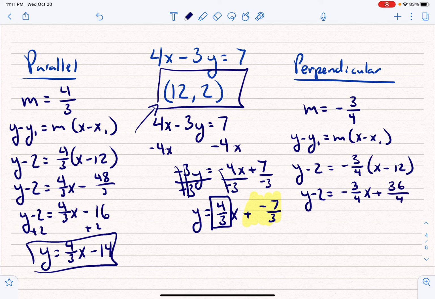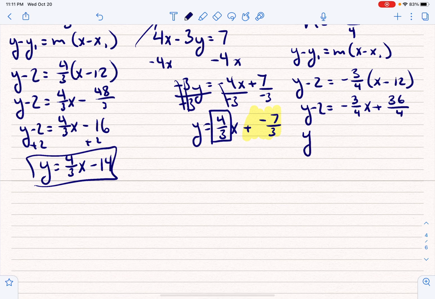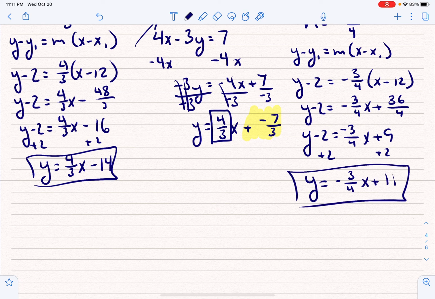Now, 36 divided by 4 is 9. So we get y minus 2 is equal to negative 3/4 x plus 9. Add 2 to both sides, and that becomes y equals negative 3/4 x plus 11. There you go. So the two equations you should have gotten were y equals 4/3 x minus 14 and y equals negative 3/4 x plus 11.